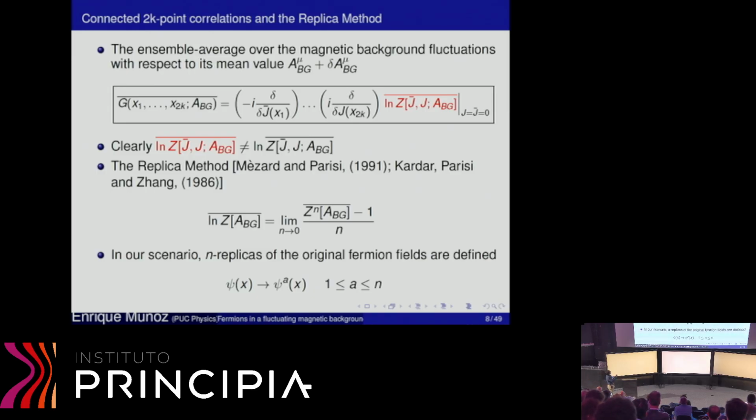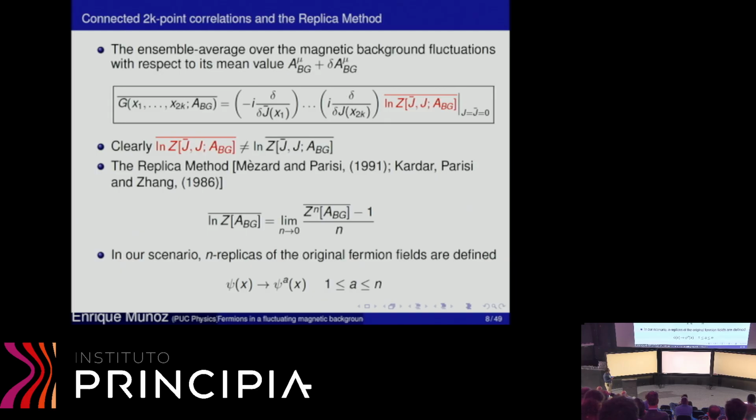And formally, we have to take functional derivatives with respect to the sources of the logarithm of the generating functional, then setting, of course, the sources to 0. But under this assumption of noise in the background field, we also need to average such correlators with respect to this classical disorder. So we need to average the log of Z. And then technically speaking, to average the log of Z requires expressing it in a closed form.